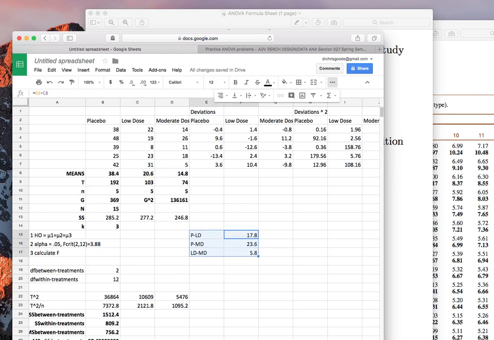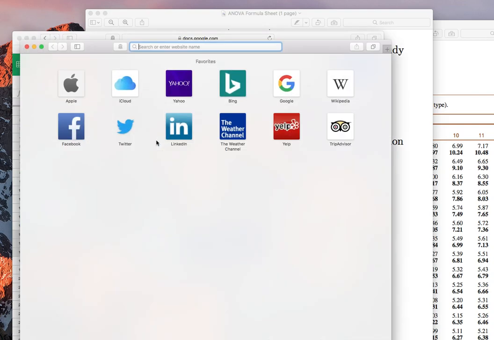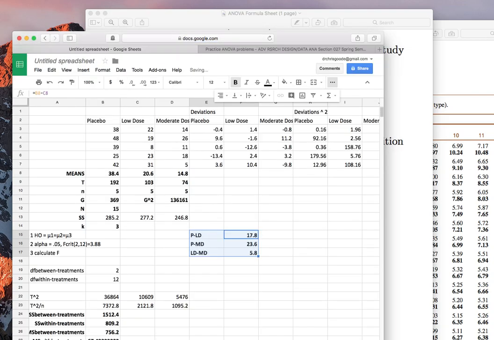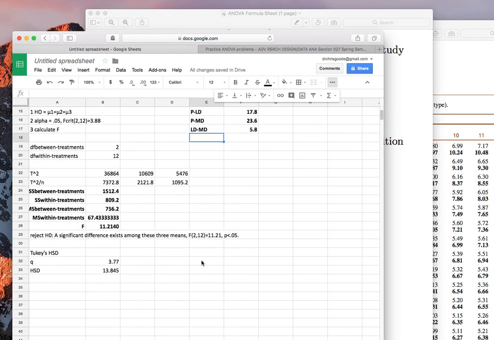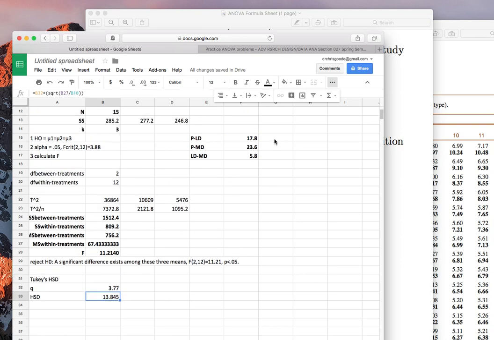Okay, so these are the differences that we found, and they need to be bigger than this in order to be significant at the 0.05 level. So this one is significant, this one is significant, this one is not significant.